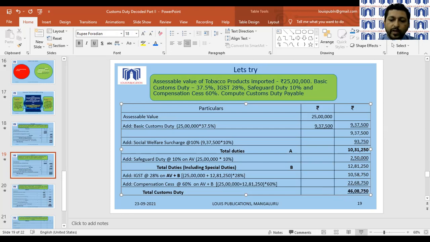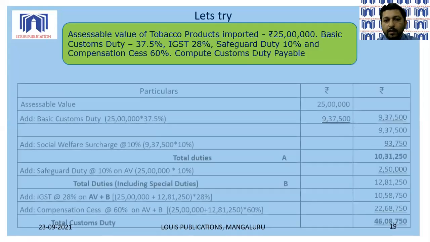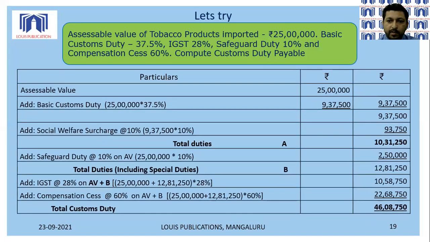So that is how we are going to calculate the total customs duty. So I hope this problem is clear. That is a simple problem on computation of customs duty payable. So this is how it will take.